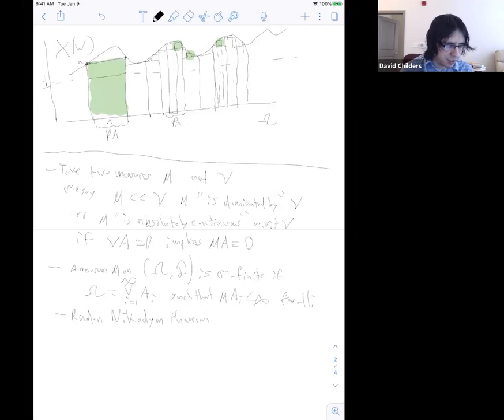So, which says that: let mu and nu be two sigma finite measures, and let mu be absolutely continuous with respect to nu.